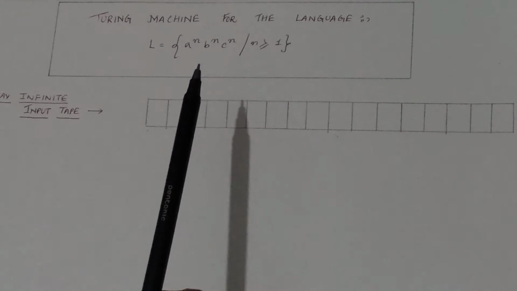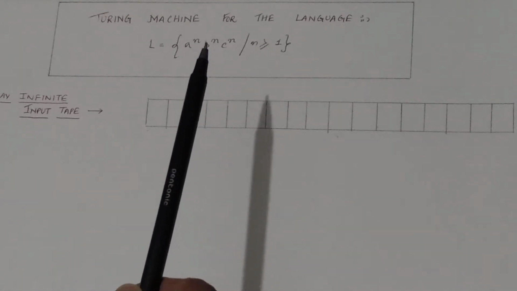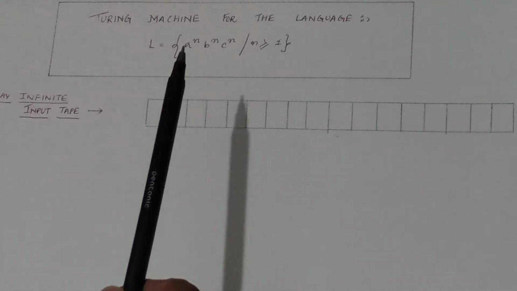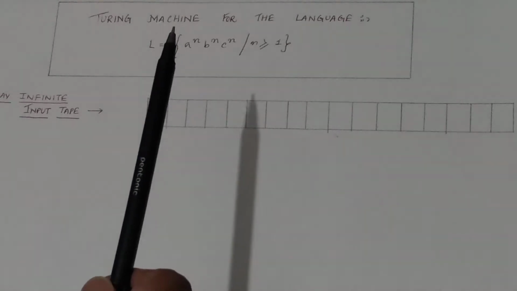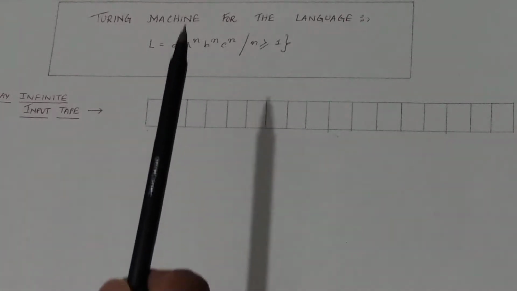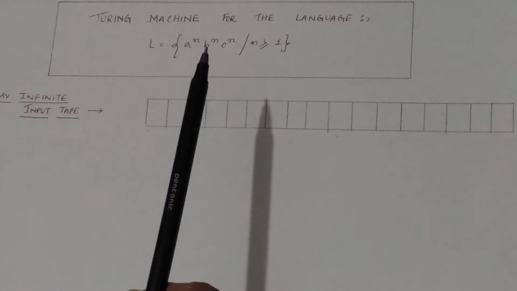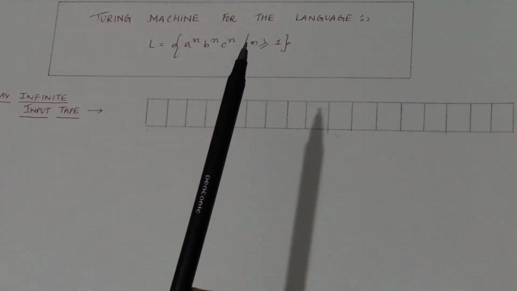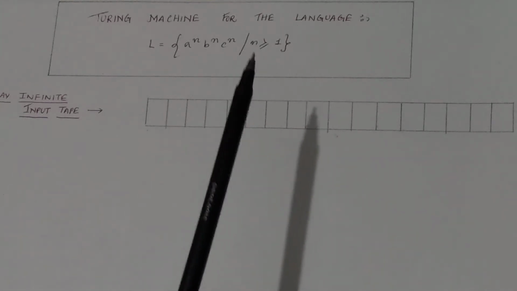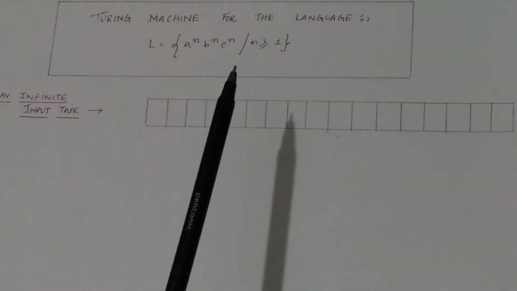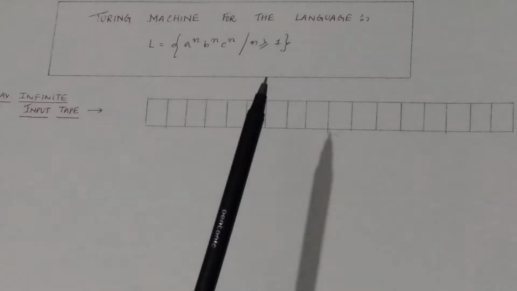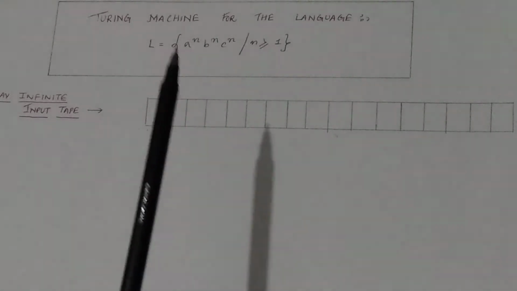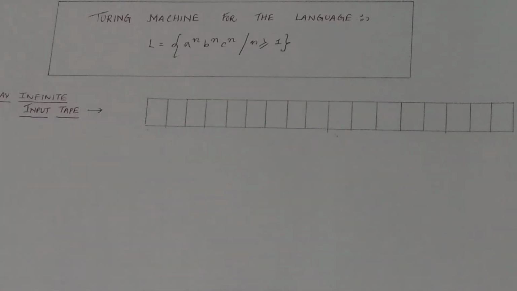Then I replaced that b by y, and the tape head came back in the left direction until it reached the first a. Similarly, after replacing the first b, it will go until it reaches the first c. Then I will replace that c by another variable z, and again return back. This process will continue just like the previous one.